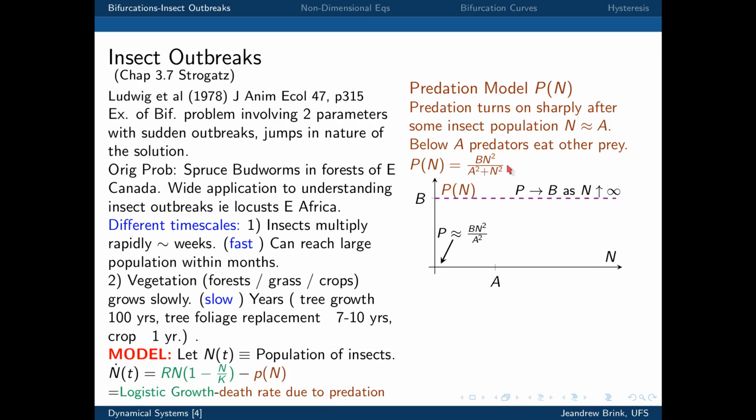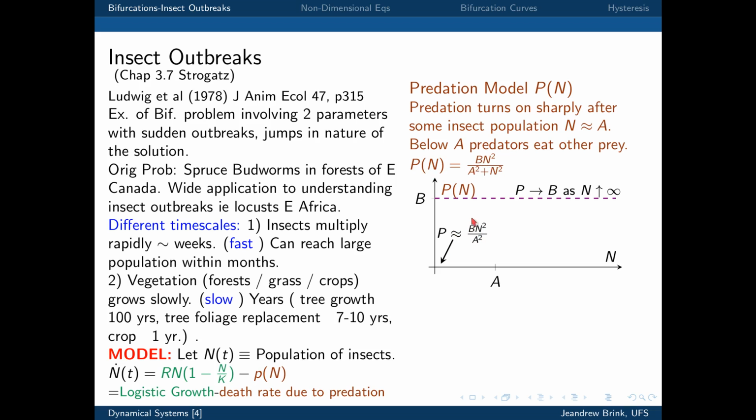Now, if n is very, very small, remember as n goes to 0, we said predation only turns on after the population is about equal to A. So we only expect a reasonable size of predation to occur over here. So as n goes to 0, we see that this thing behaves basically like B over A squared times n squared.